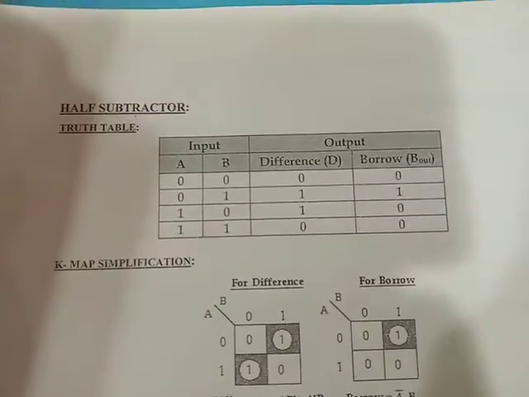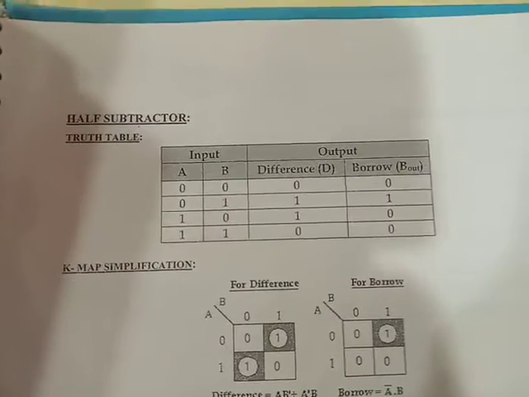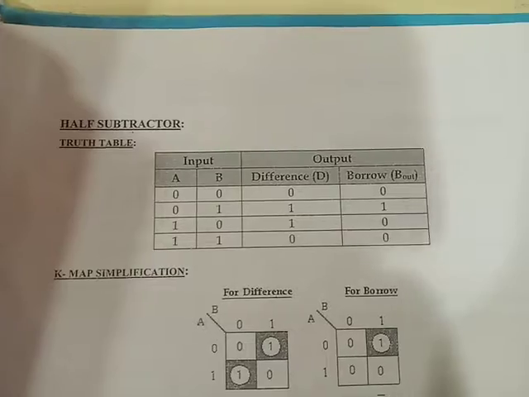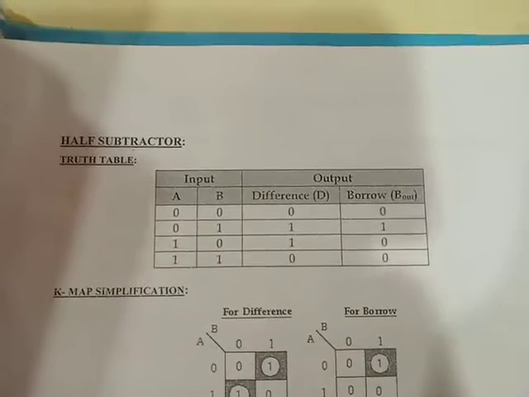And for the half subtractor, this is the half subtractor circuit, with A and B. Here instead of sum and carry, we have difference and borrow.